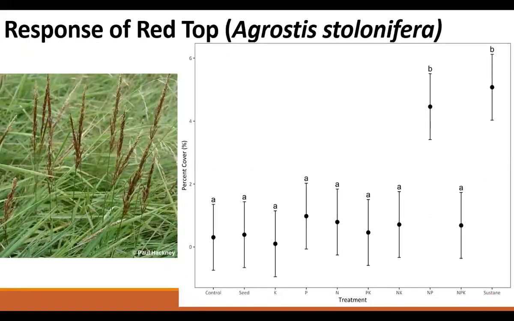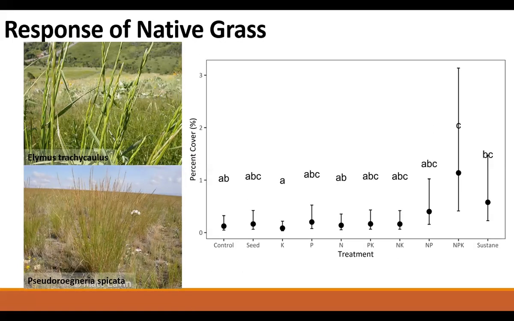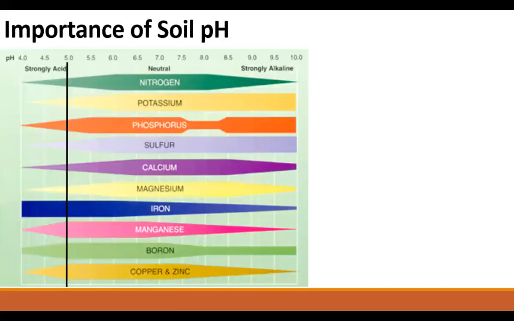All right, and then so yep, the grass is sustained. Again, we saw the response, and the sustain, as opposed to the natives, which preferred the NPK. It was the best performing treatment combination for the natives. And I would just like to bring this up because to me, this is really the battle out there. We could have all the nitrogen in the world, but we're on soils at pH 5. At pH 5, copper and zinc are pretty much at maximum bioavailability.